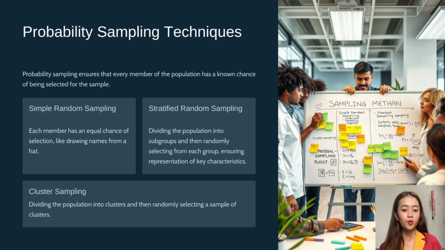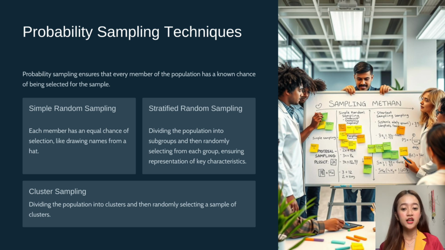Next is probability sampling techniques. Probability sampling ensures that every member of the population has a known chance of being selected for the sample. Number one is simple random sampling. Each member has an equal chance of selection, like drawing names from a hat.